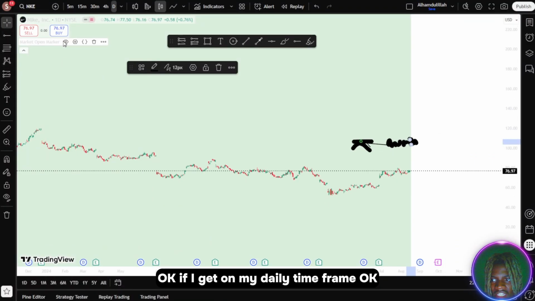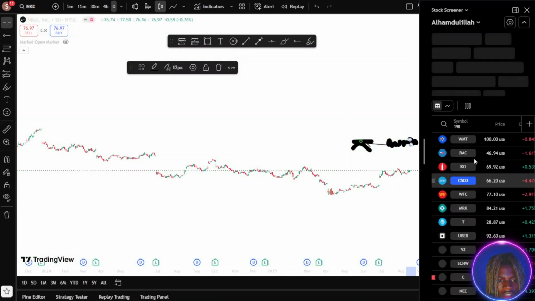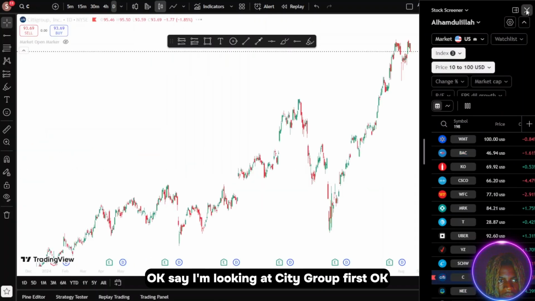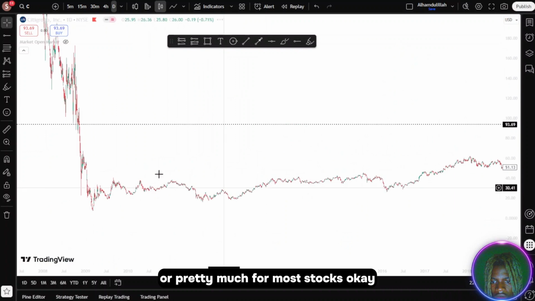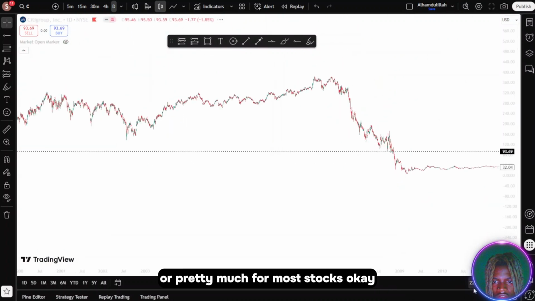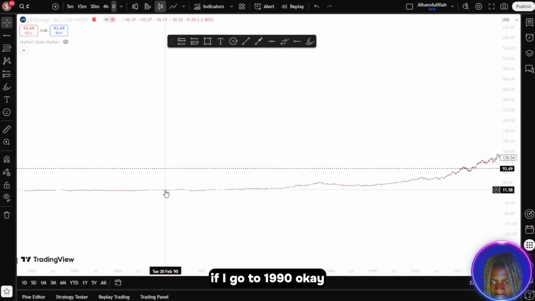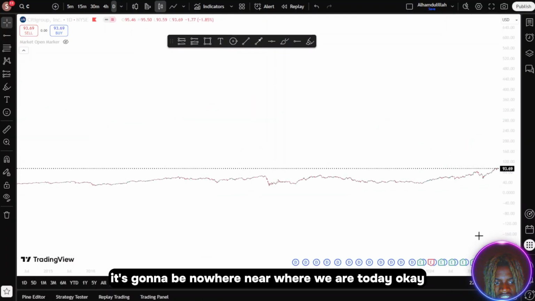If I get on my daily time frame and I'm looking at Citigroup, and I look at the beginning of all time, or for most stocks, if I go to 1990, it's nowhere near where we are today.